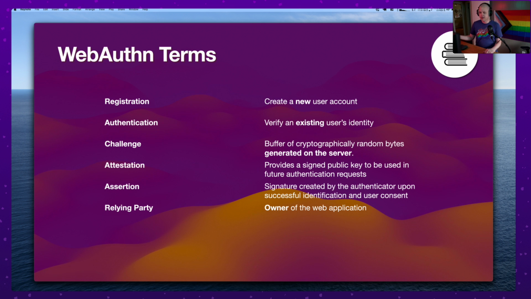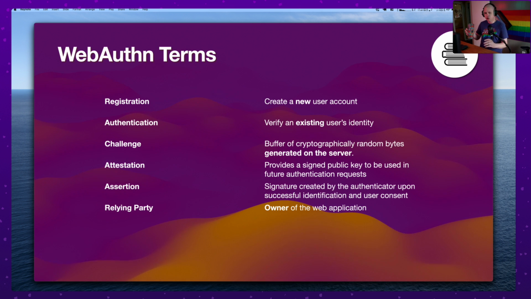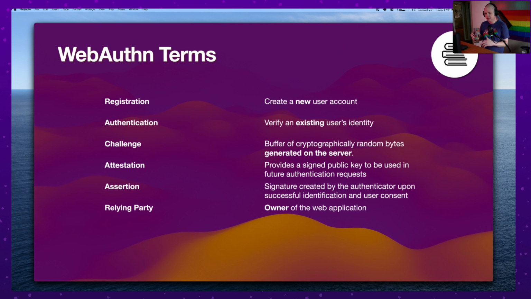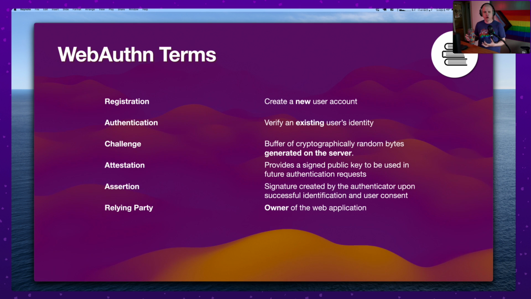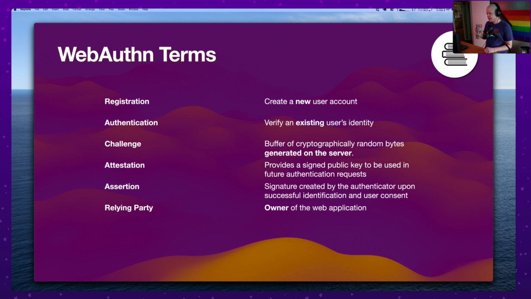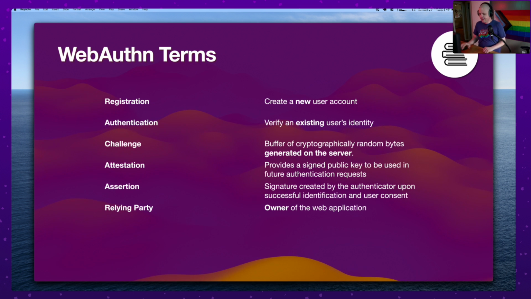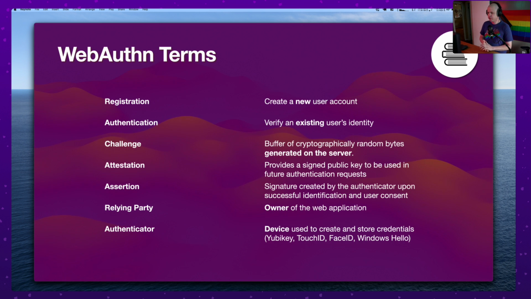The relying party is the owner of the web application. In the code, it can also mean the host or a couple of things like that. But at the end of the day, the relying party in WebAuthn terms is the owner, or maybe the business, of the application. Then you have an authenticator. This will be the device used to create and store credentials. So this could be a YubiKey.